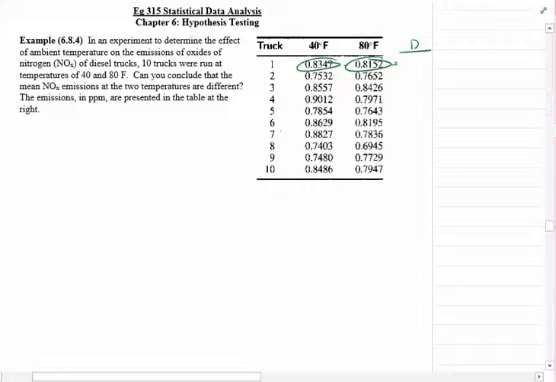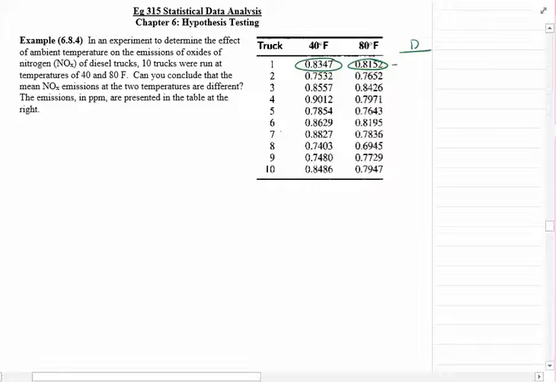If we're going to do a paired test, we have to make sure which measurements are paired and why. It has to be some real physical thing in the experiment. In this case, that number and that number were taken from the same truck. Don't just look at these because they showed up on the same row.